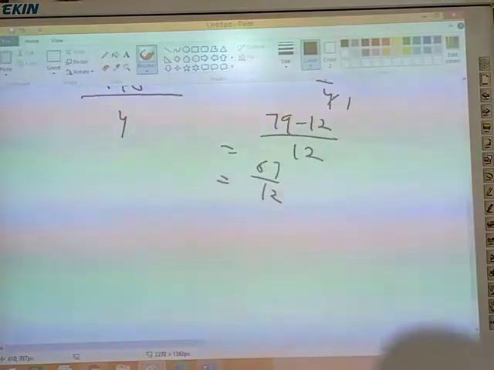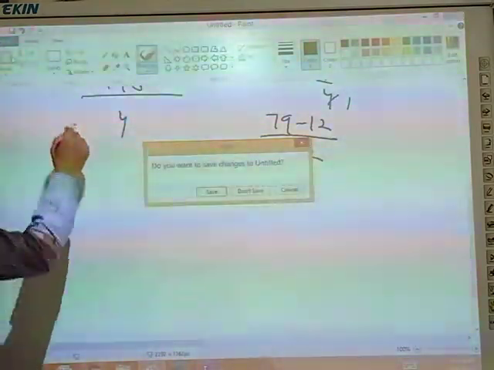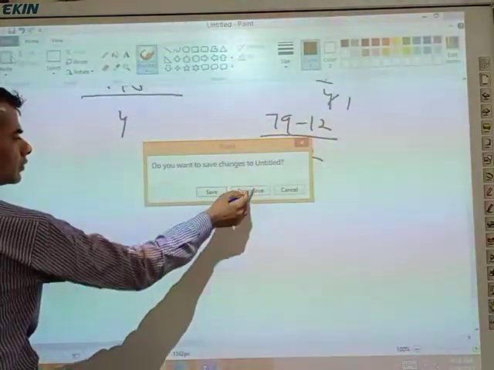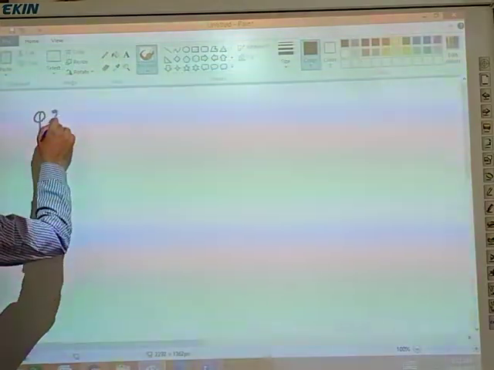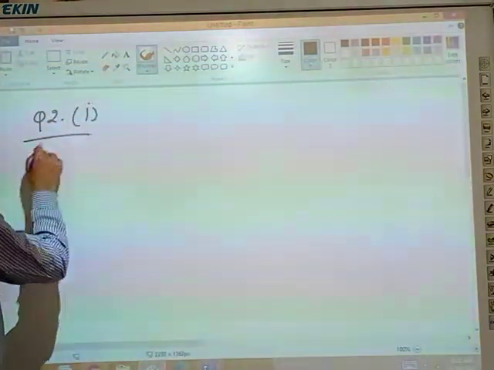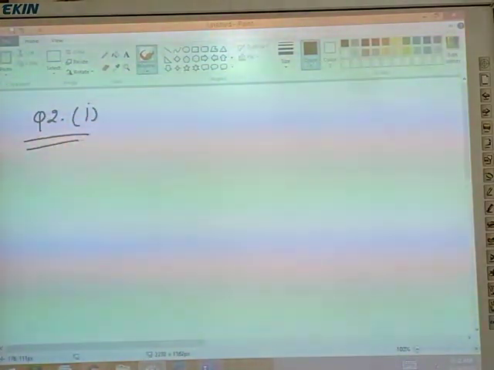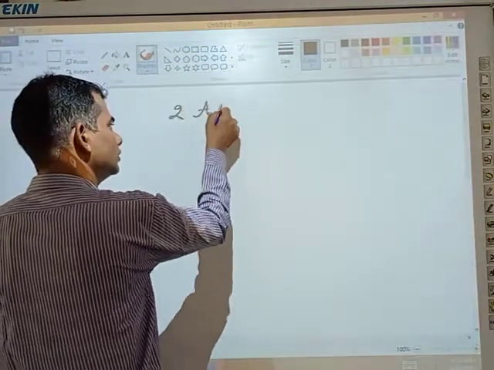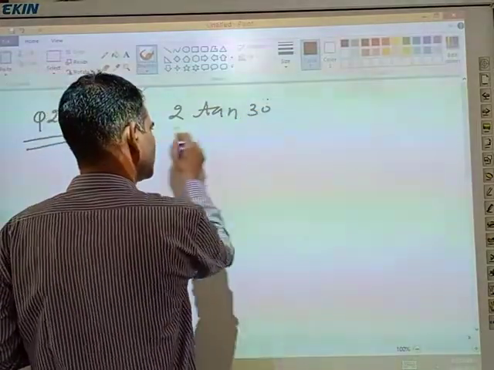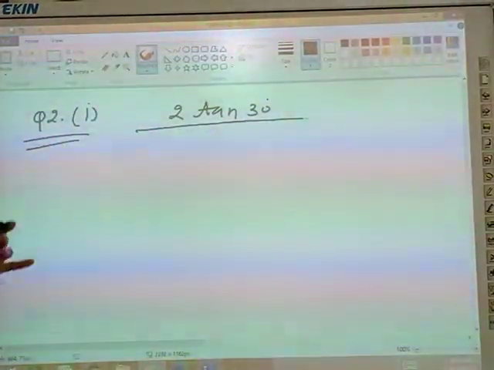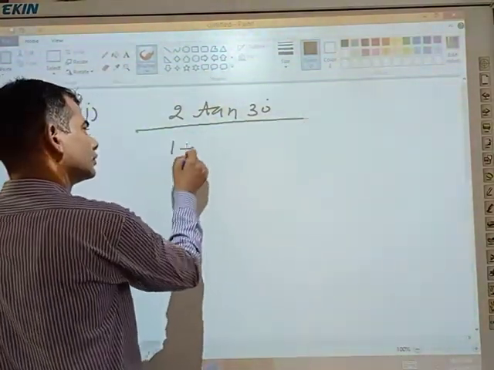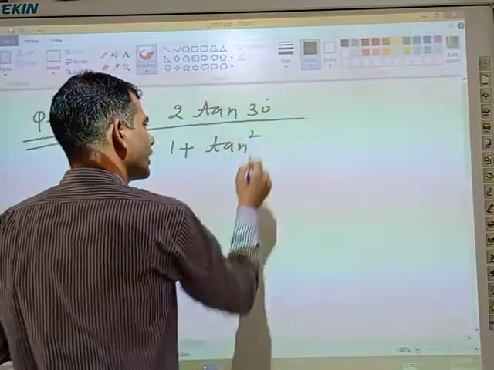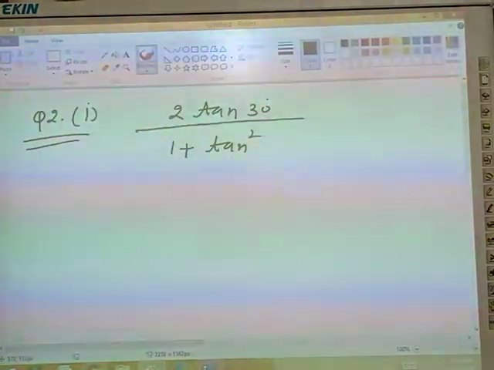Question number 2, first part. Twice of tan 30 plus 1 plus tan square 30.